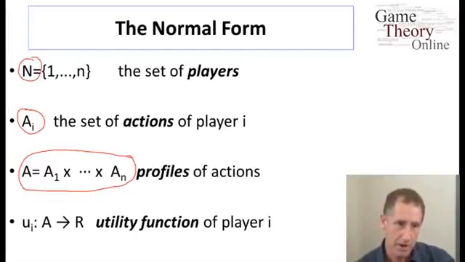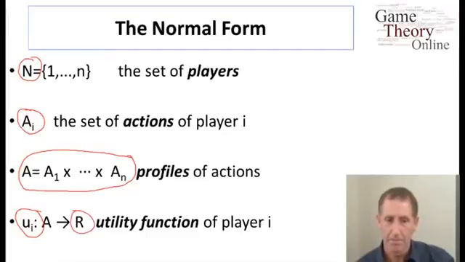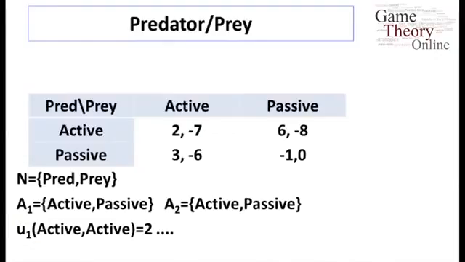The utility of agent i, denoted by U sub i, is a mapping from strategy profiles, that is, from the choice of action by each agent, a mapping from that to the real numbers. So let's look at our predator-prey example, and we already saw that we have two agents, the predator and the prey.